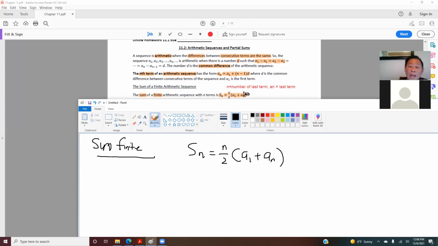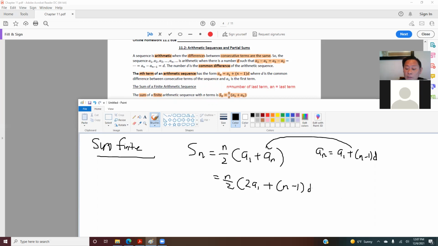But since we know an is given by the formula a1 plus n minus 1 d, you can actually substitute this into an. So what we have in this case is n over 2 times 2 a1, because we have a1 plus a1, so we got 2 of them, plus n minus 1 d. So you can also use this formula.